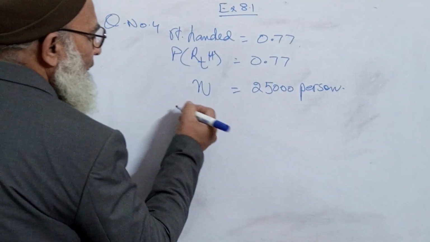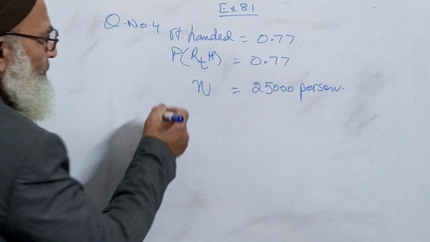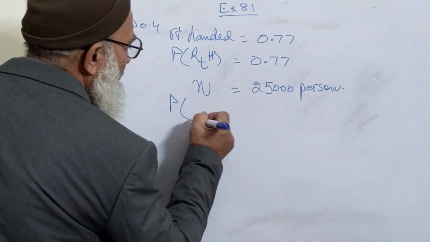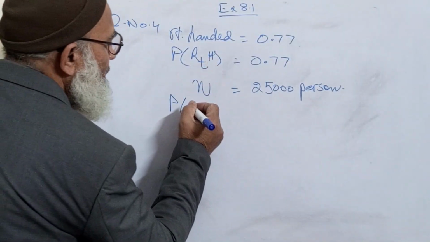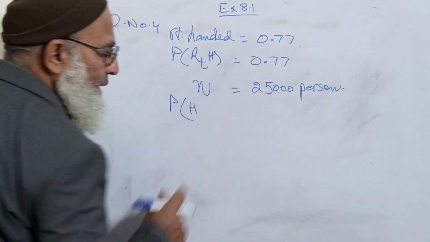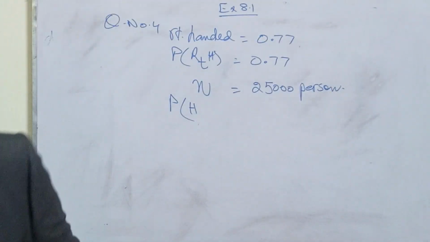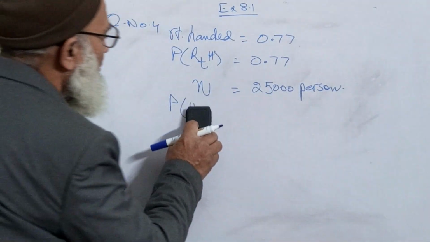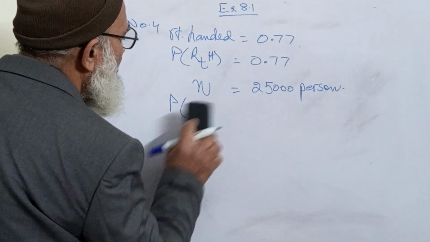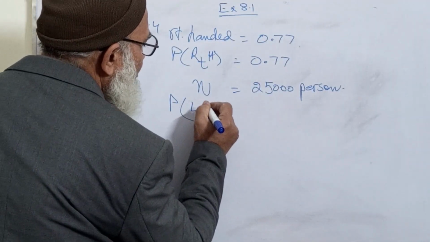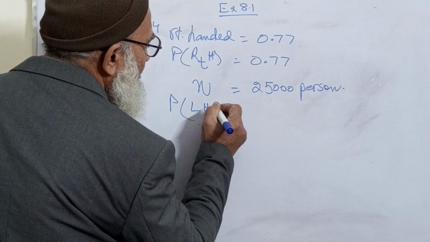And what you have to find is P of right-handed. You have to find left-handed. What you have to find is left-handed. Okay.